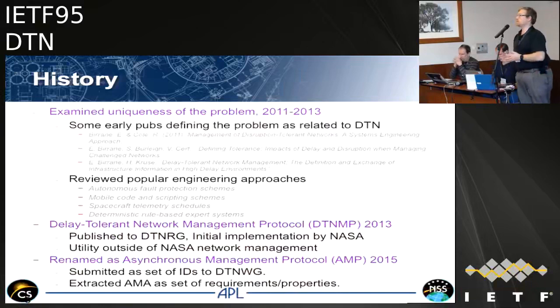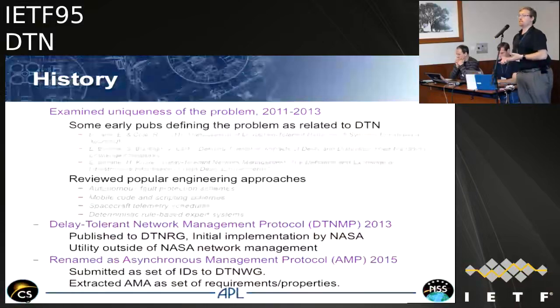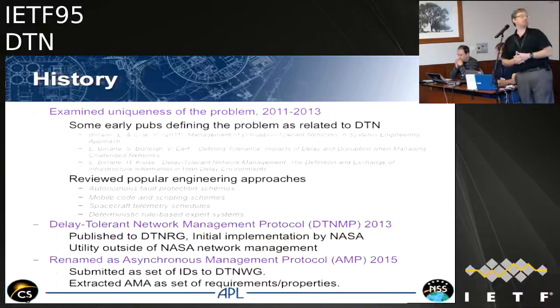What we started pushing towards was this need to have a level of autonomy in the network management layer. And we do that on spacecraft, and we do that on airplanes and UAVs and UUVs for fault protection.